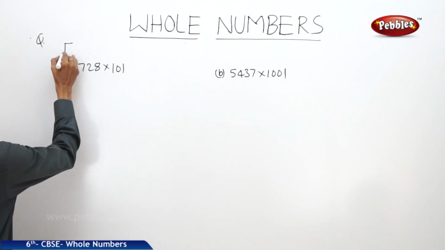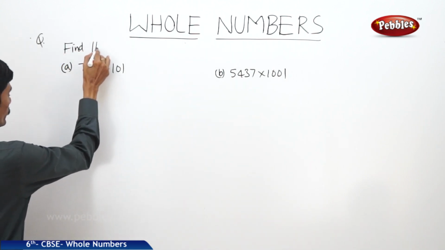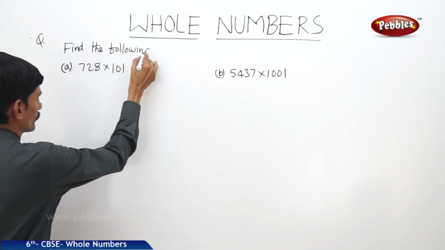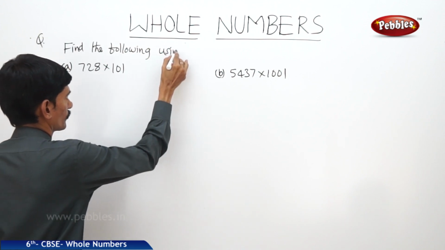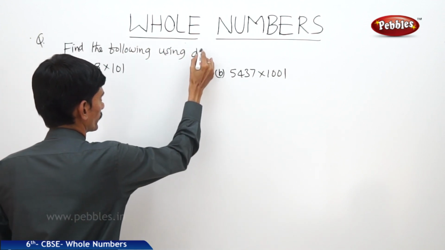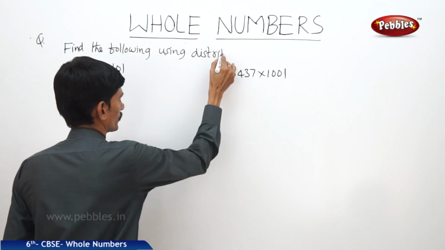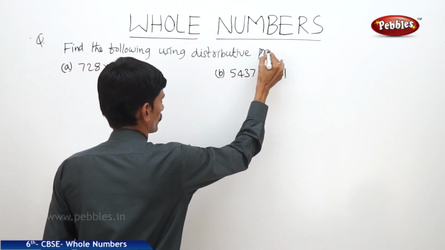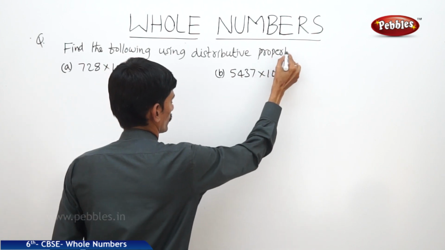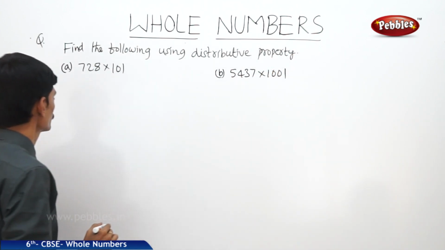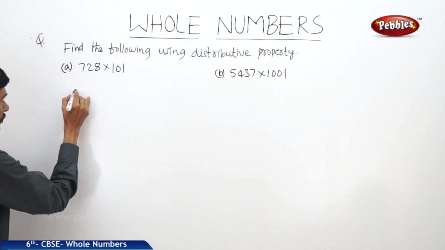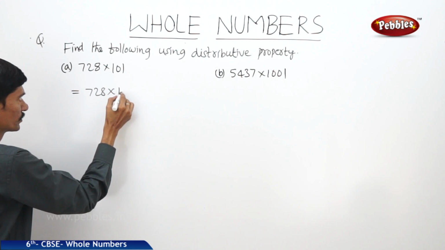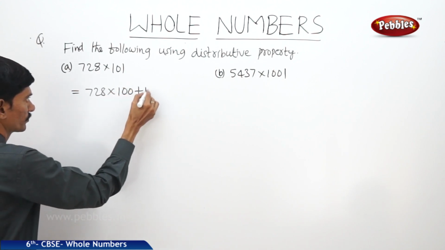Now let us see the next question. Find the following using distributive property. The first question is 728 into 101. 101 can be written as 100 plus 1.